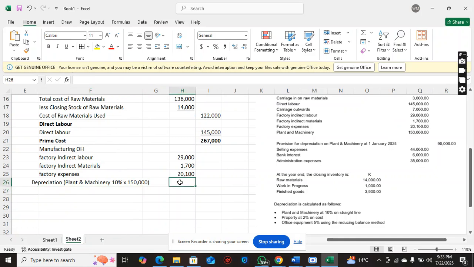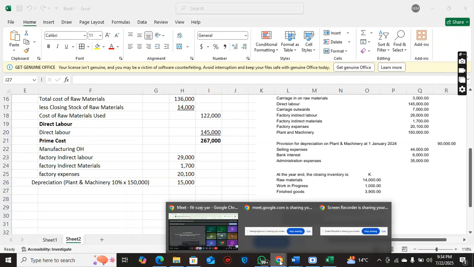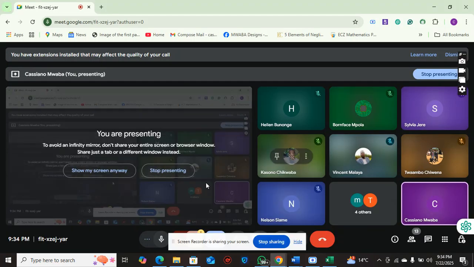15,000, yes. Colleagues, what about this provision for depreciation? What is it telling us? Provision for depreciation is also called accumulated depreciation.